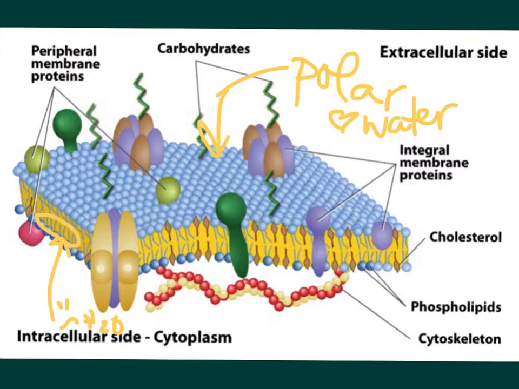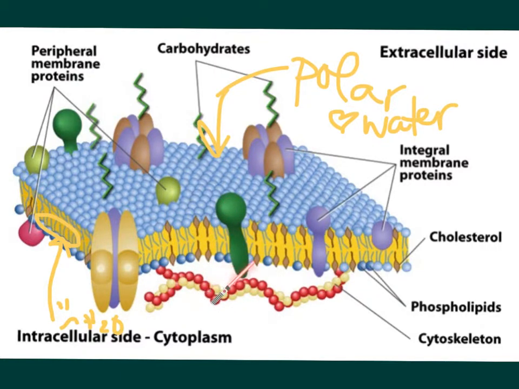A transmembrane protein is going to go all the way across the membrane. So that's another name for those integral membrane proteins. And they embed within that bilayer very specifically. There are polar parts and nonpolar parts of this particular protein.